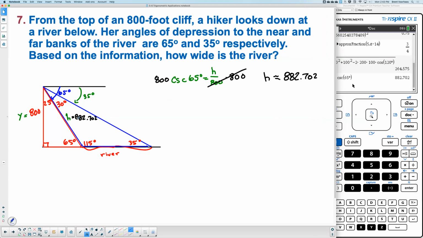Not 35, but, oh, I'm sorry. Yeah, you're right. That is a complete set. I was looking at the incomplete set. You're correct. Sine 35 divided by the H equals, now the incomplete set, sine 30 over the river.